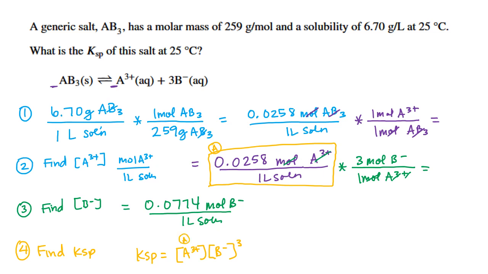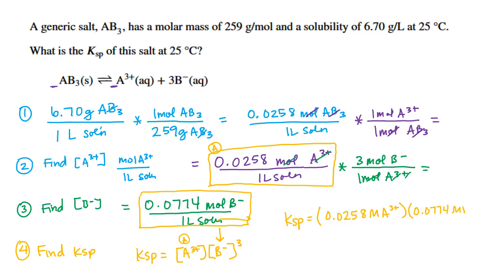And this concentration right here goes in there. So Ksp is going to equal my concentration of A3+, and here, just for shorthand, I put molar instead of moles per liter, but it's the same thing, it's molarity, times the concentration of B-, 0.0774 molar B-, and that number is cubed.